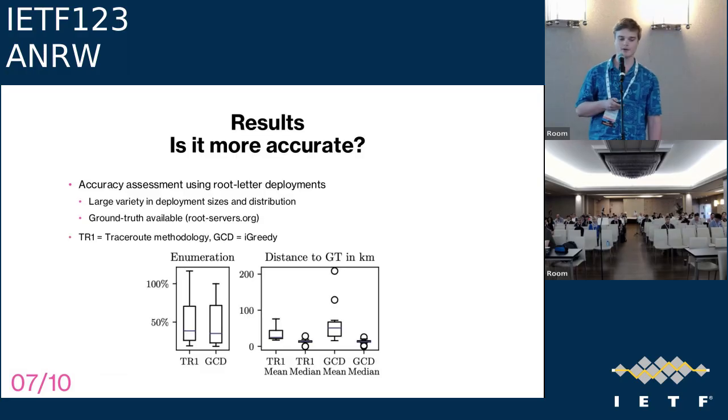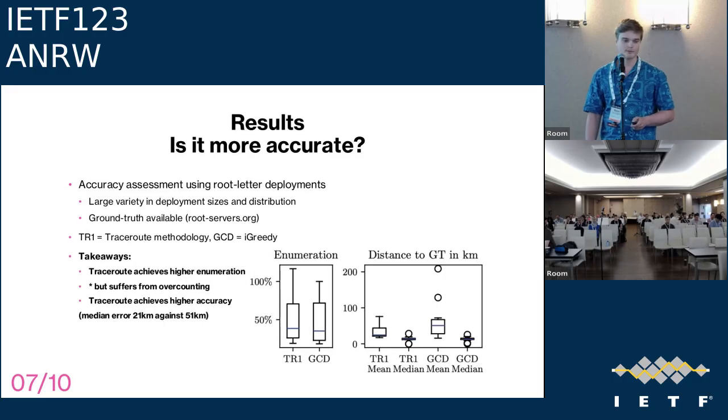So these box plots show the performance in terms of enumeration. So how many of the sites does it find out of the total number of Anycast sites there really are. TR1 means the traceroute methodology, and GCD, Great Circle Distance, is for the iGreedy methodology. The main takeaway is that the traceroute technique achieves a higher enumeration, but it also suffers from overcounting.